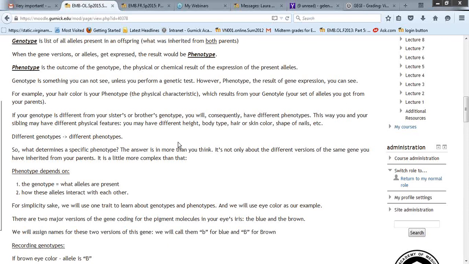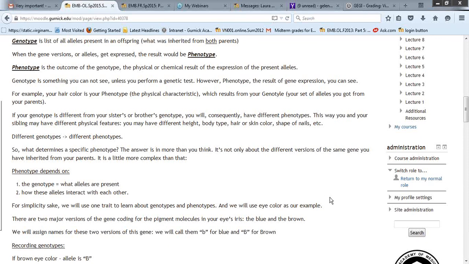If your genotype is different from your sister's or brother's genotypes, then you will probably have different phenotypes. Okay? So this way you and your siblings may have different physical features. You may have different height, different body type, different hair or skin color, different shape of nails, different eye color. So different genotypes means different phenotypes.